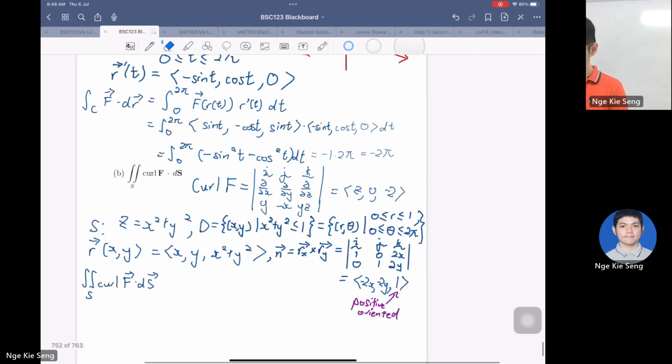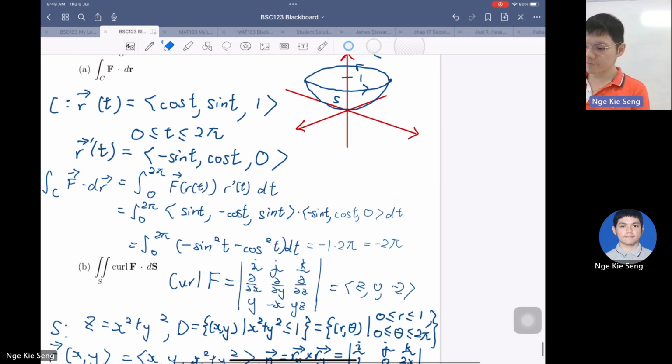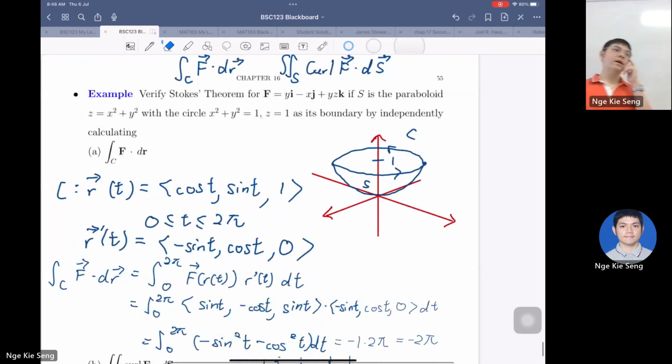How to parameterize this surface? What's the x component? Cos theta.